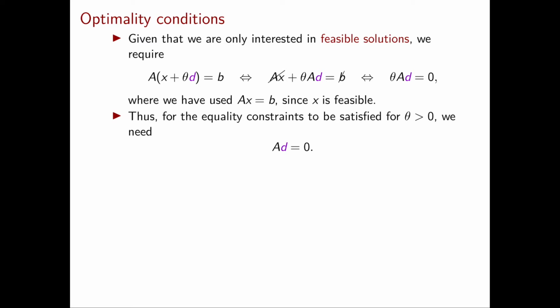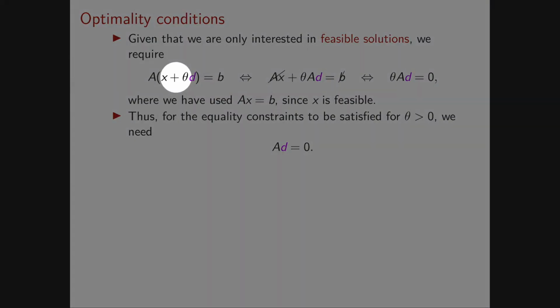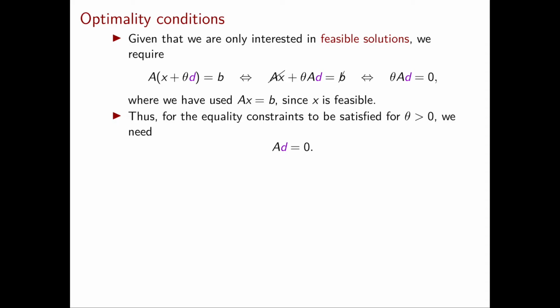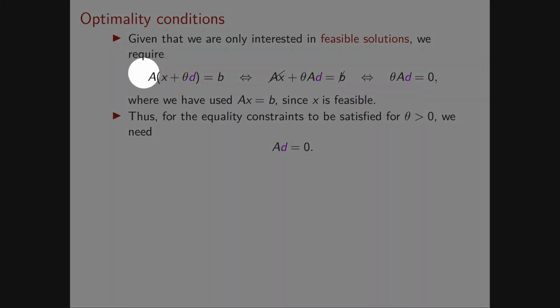Since we want our direction to be feasible, we need the new vector x plus theta d to be feasible, and in particular it should satisfy all the equality constraints defining our polyhedron P. These equality constraints are A times x plus theta d equal to b.